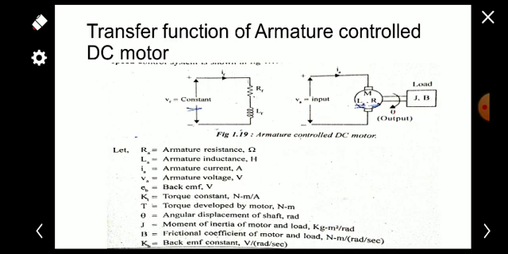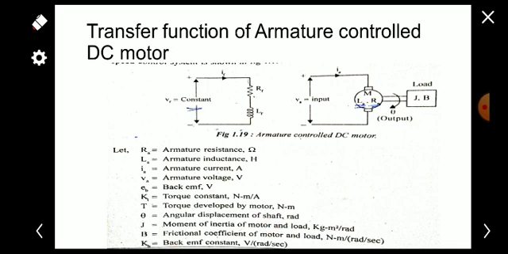These are some parameters we are using in this derivation. First one is Ra, armature resistance; La, armature inductance; Ia, armature current; Va, armature voltage; Eb, back EMF; Kt, torque constant; T, torque developed by the motor; theta, angular displacement of shaft; J, moment of inertia of motor and load; B, frictional coefficient of motor and load; and last Kb, the back EMF constant.